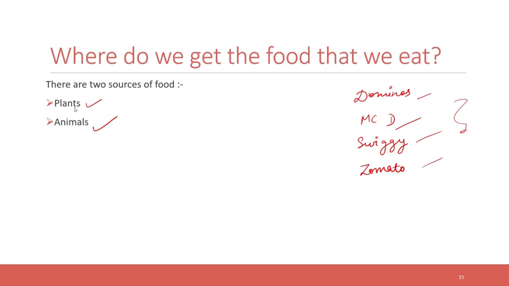We get potato from plants. So, what do we realize? We realize that basically you are getting your food either from plants or animals. So, the answer to the question, where do we get the food that we eat, is either from plants or from animals. We get food from two sources: plants and animals. Clear?